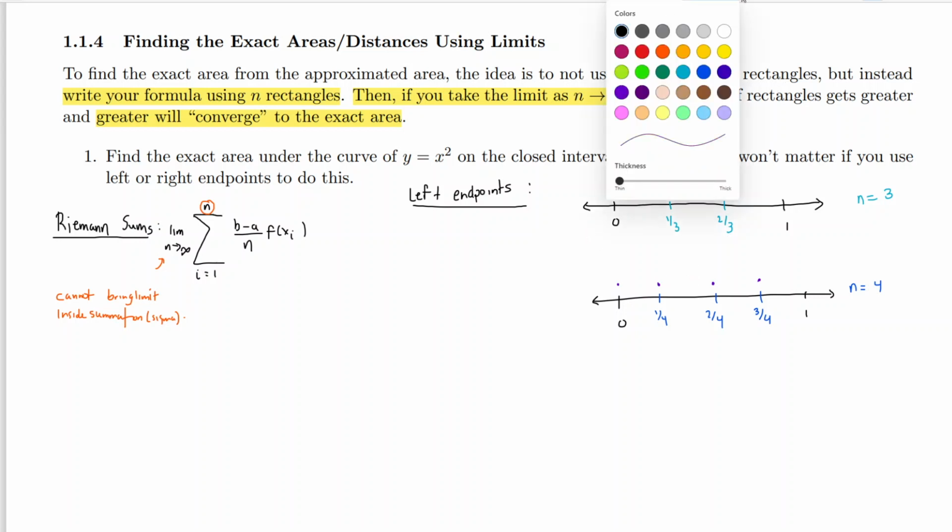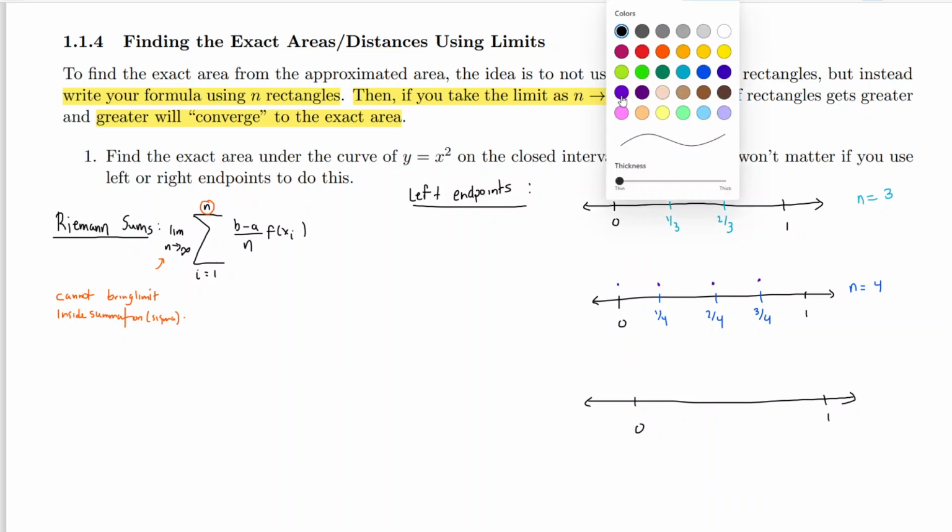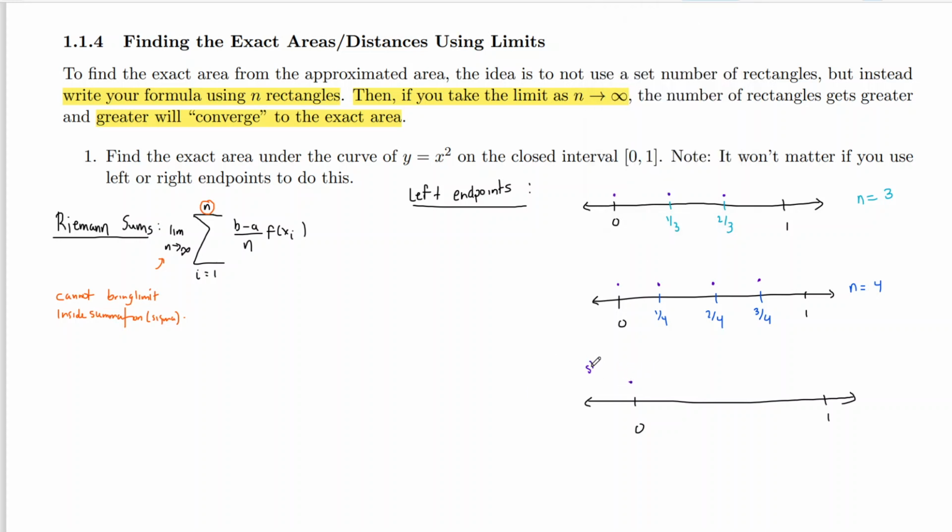All right, so what happens if we don't specify n? Well, we can't really draw a picture, but let's do our best. What you want to notice here is that this first one, we're starting at 0 for the left endpoint. It doesn't matter which one, as long as really we're starting at this a value, but for us, a is 0, and that's really helpful.